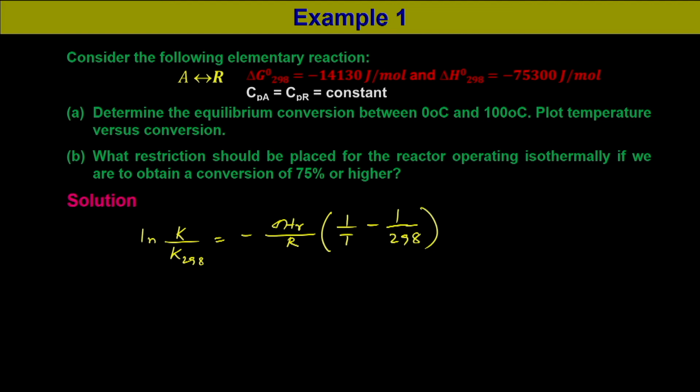So, if we rearrange this, we can write K would be equal to K 298 exponential minus delta H R by R into 1 by T minus 1 by 298.